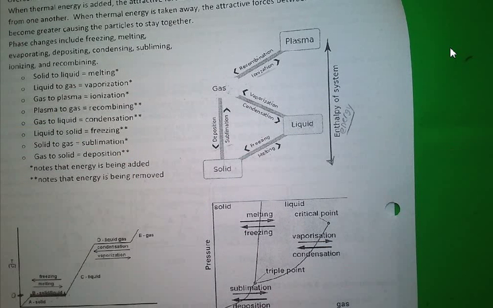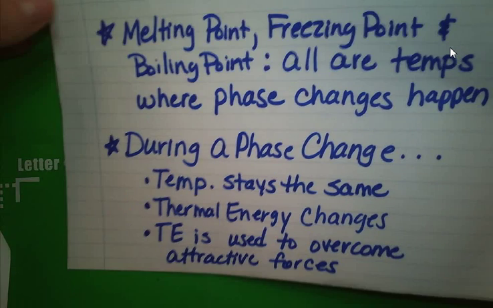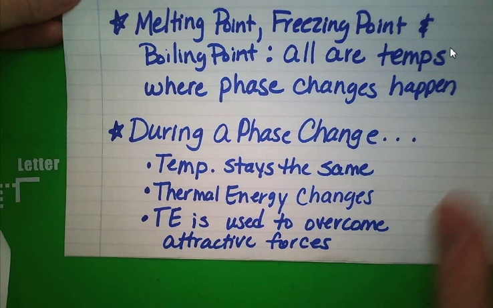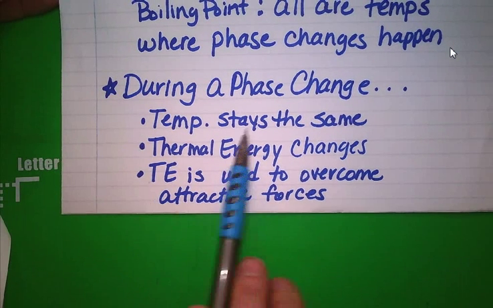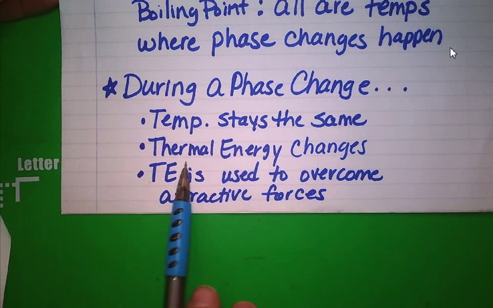Our very last thing that we put in our notes today is about what happens during a phase change. The temperature stays the same, but the thermal energy changes. Remember, TE stands for thermal energy, which is used to overcome those attractive forces.